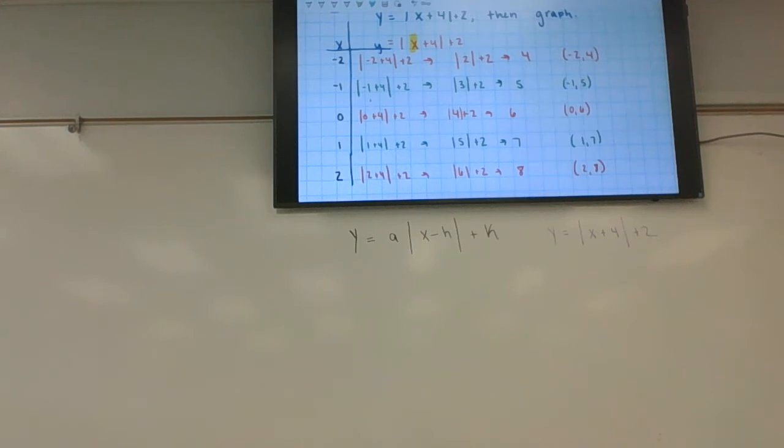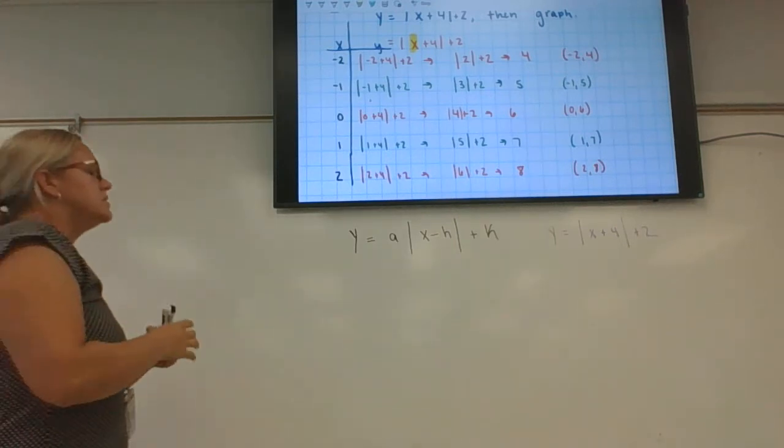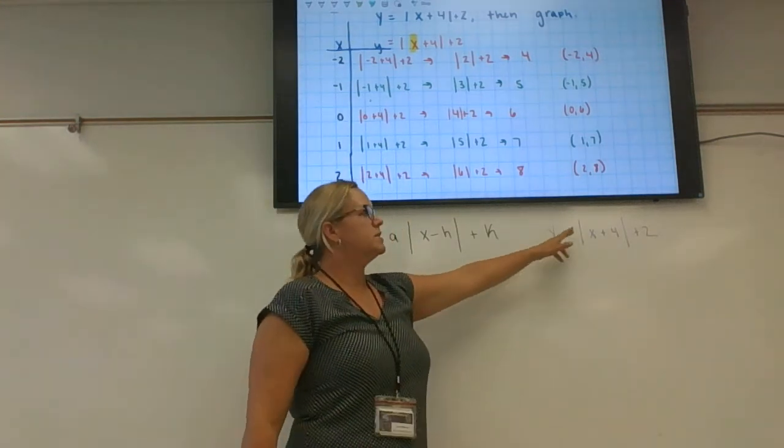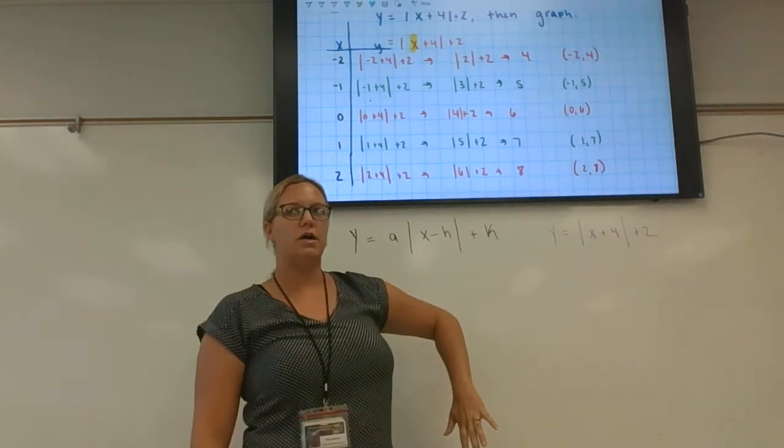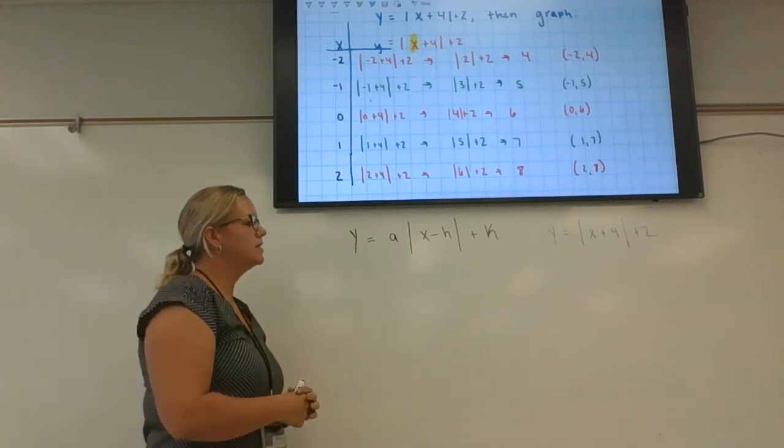The table is just to show you why understanding the transformations is necessary to graph. Okay. So looking up, A is 1, so we don't have to think about our orange line being reflected.